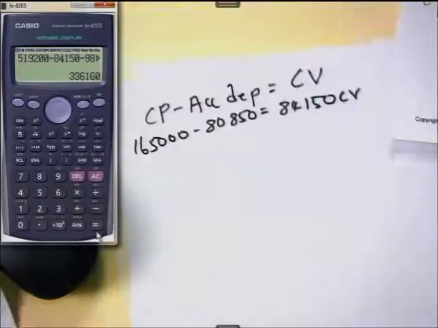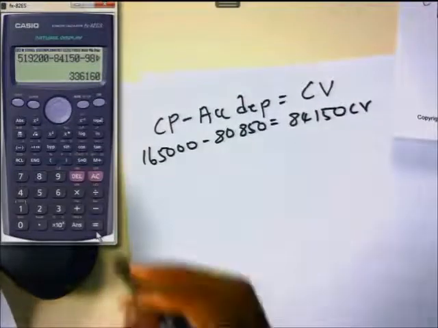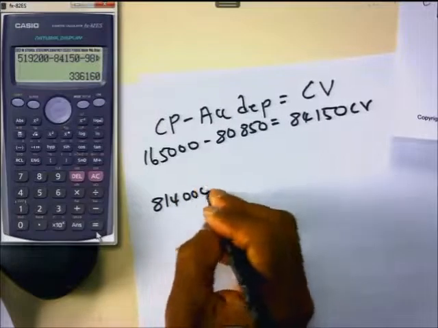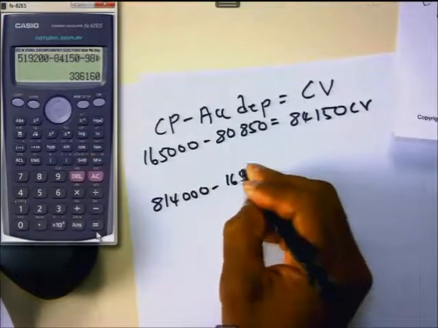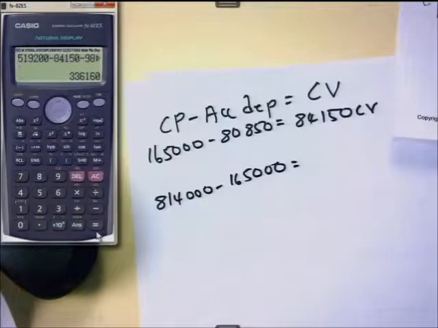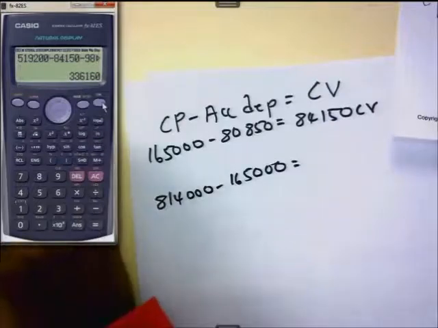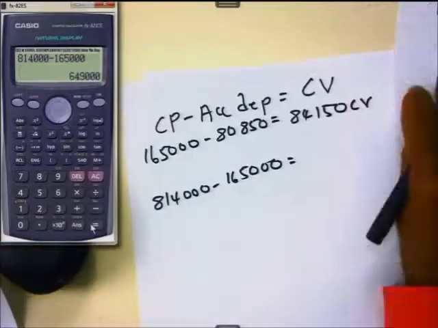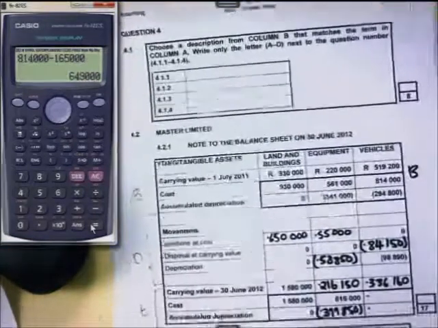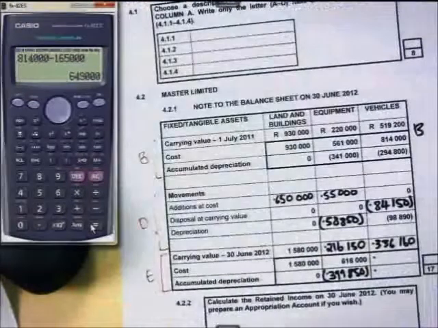So at the end we started with 814,000 minus 165,000. 814,000 is the cost price at the beginning, minus 165,000. Remember 165,000 was sold. That is the cost price of the sold asset. So we are left with the cost price of the vehicle at the end of the year as 649,000.